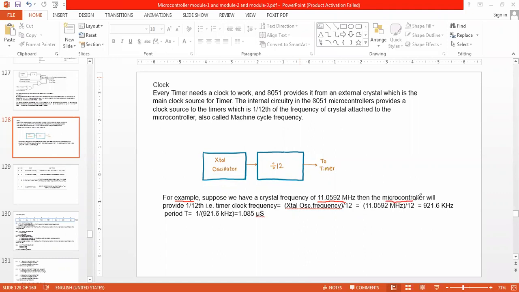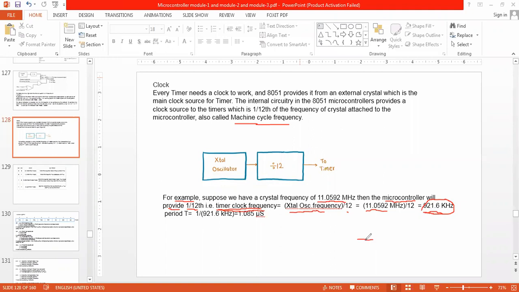Then the microcontroller will provide 1/12 of the frequency as the timer clock frequency, which is called the machine cycle frequency. So how much is it? Crystal oscillator divided by 12: 11.0592 megahertz divided by 12 is 921.6 kilohertz.